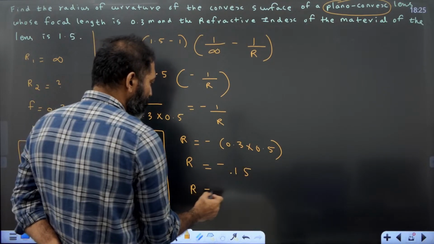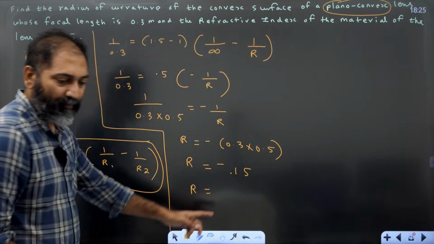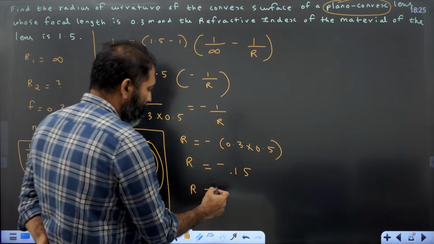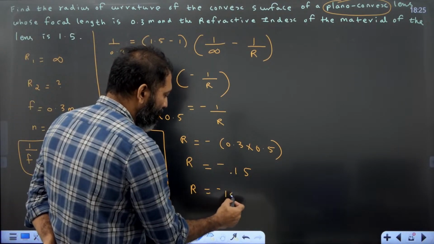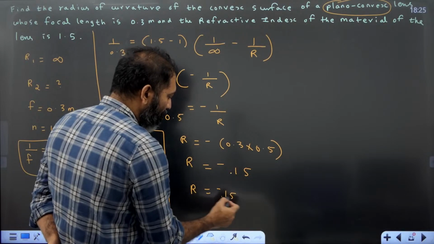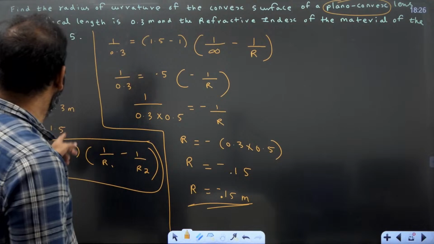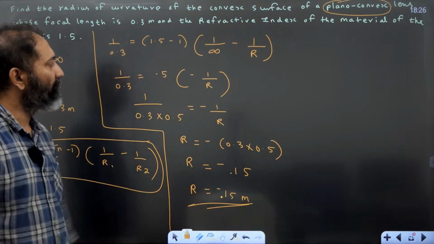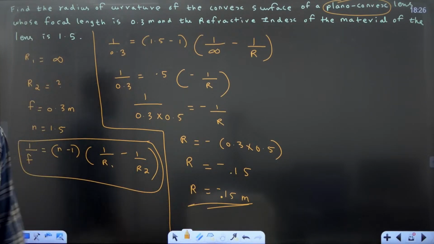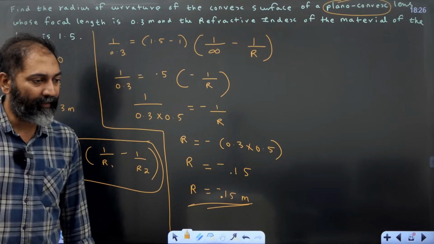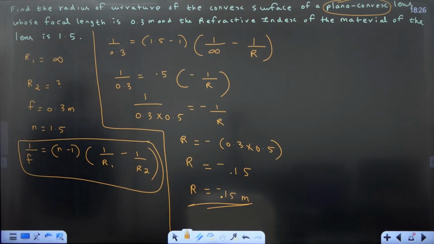That is minus 15 centimeter or minus 0.15 meter. Other values are taken in meter, right? So this is also in meter, 0.15 meter. Any doubt? Did you get it, children?